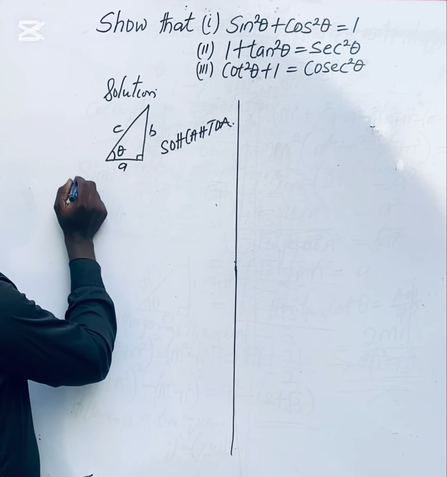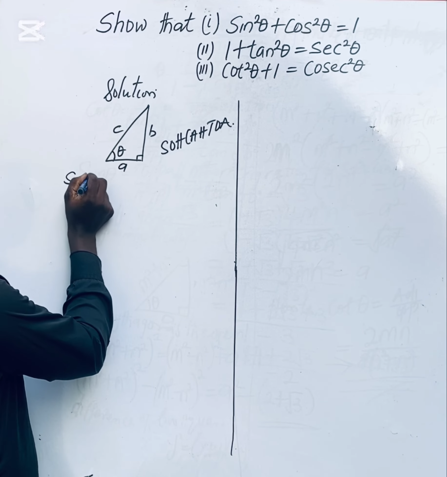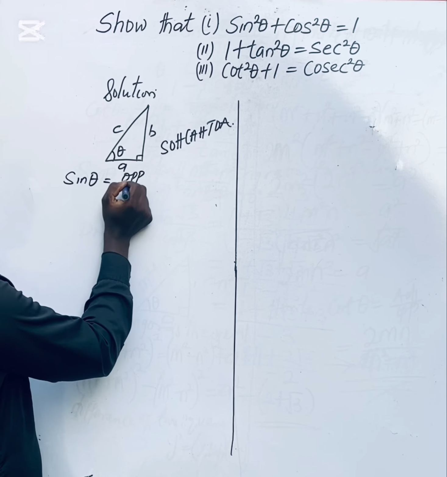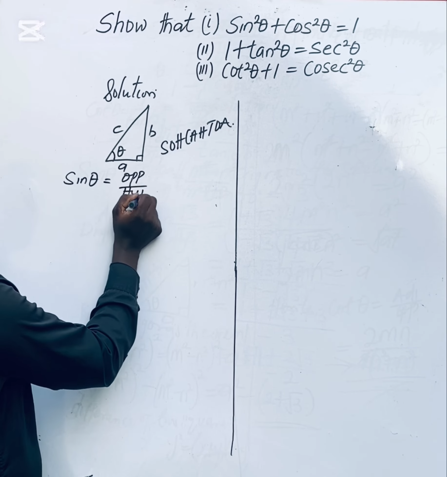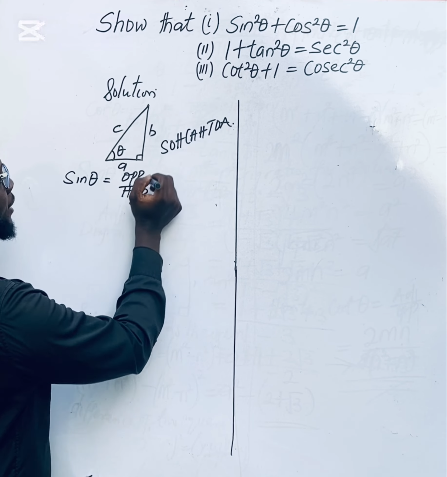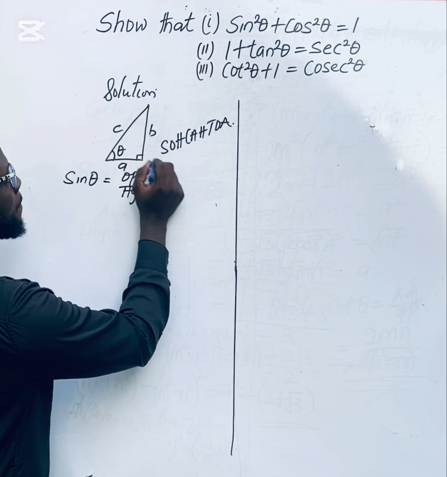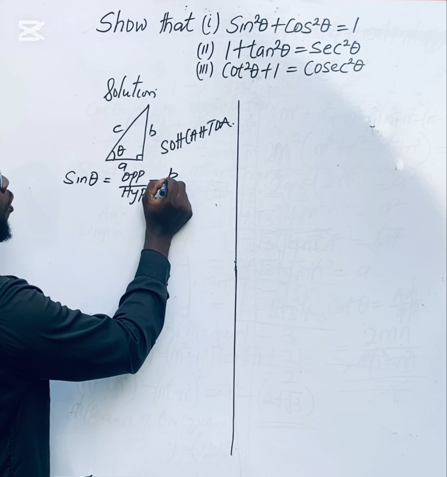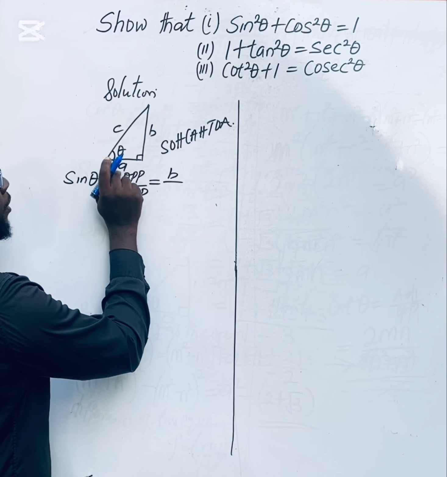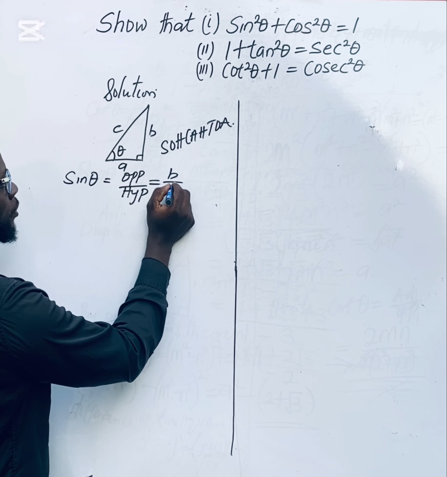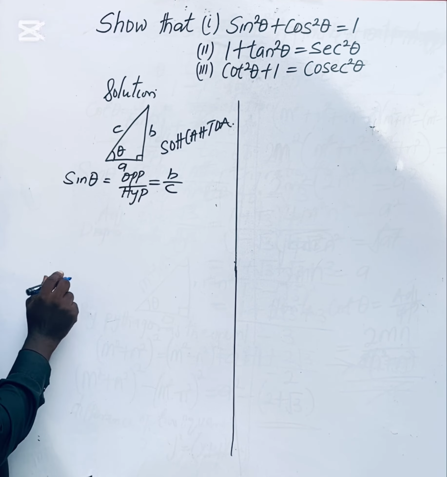SOHCAHTOA, this one means that sine theta is opposite over hypotenuse. So that means where is our opposite? It is B, opposite the angle. So it's B over, what is this one? Adjacent. We have C. This is hypotenuse. Right?